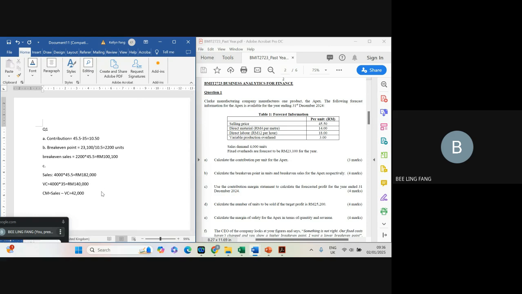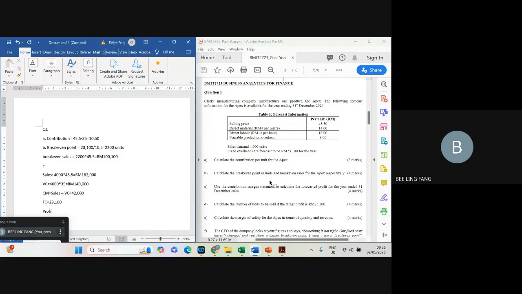Okay. After you calculate the contribution margin, you want to find the profit, right? You must know what is the fixed cost. So fixed cost is 23. Fixed cost is given here, fixed overhead.